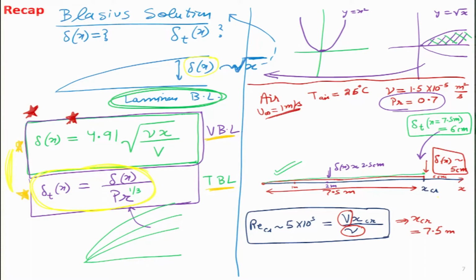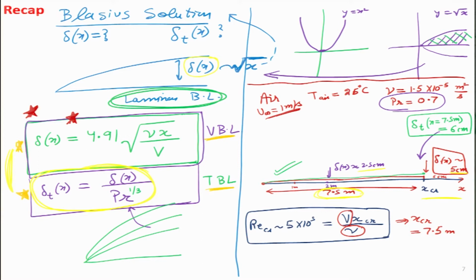We also looked at the physical importance of the boundary layer, that in reality it is very thin. We looked at one example: after flowing at 1 meter per second on a flat plate, the distance at which the boundary layer turns turbulent is approximately 7.5 meters, and if we plot that distance on the x axis, the velocity boundary layer is only about 5 centimeters thick.